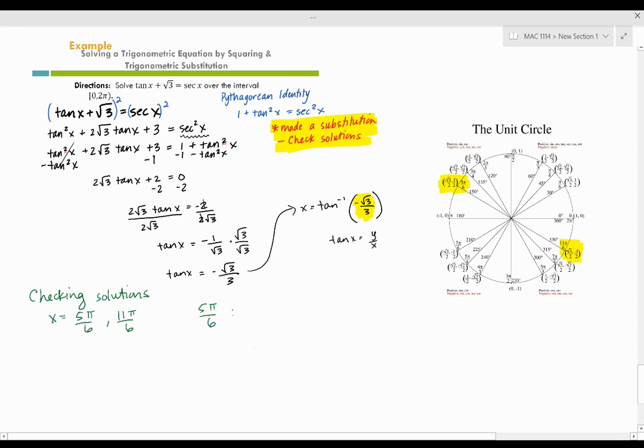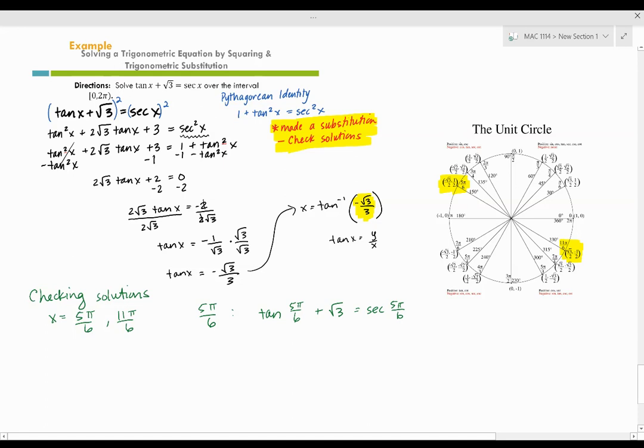No reason, just checking it first. All right, so that means that I'm going to plug 5 pi over 6 into my equation everywhere that I see an x. So that's tangent 5 pi over 6 plus square root of 3 equals secant 5 pi over 6.